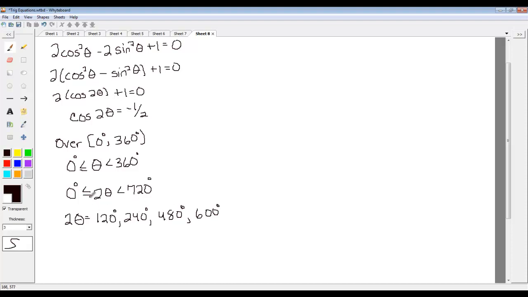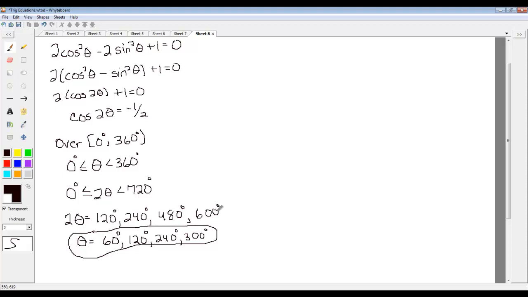So we could go that high because 2 theta falls from 0 to 720. Then if you divide everything by 2, theta can be 60, 120, 240, or 300. And that's as high as you can go because theta falls from 0 to 360.